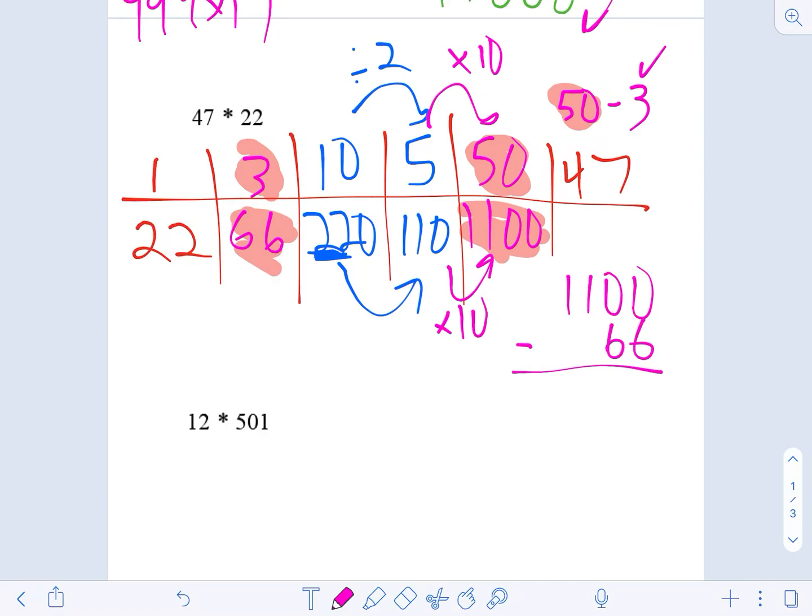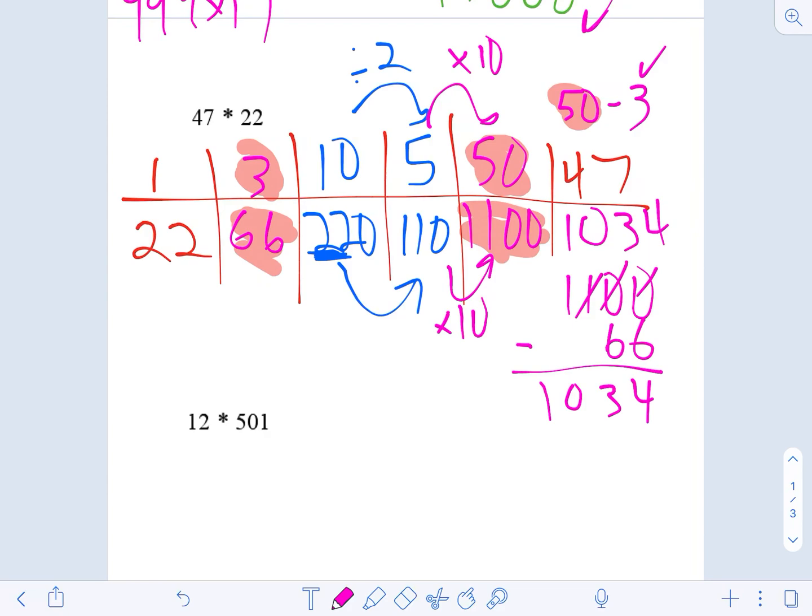Subtract it out. That's 0, 9, 10. 10 minus 6 is 4. 9 minus 6 is 3. 0, 1. There you go. So, by just doing a little bit of halving, and just multiplying by 10, really, we've done 22 times 47, which is 1,034.